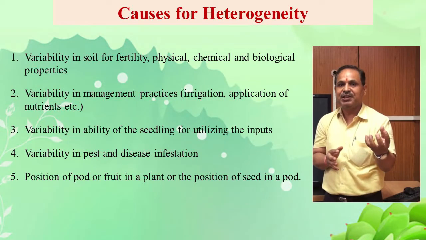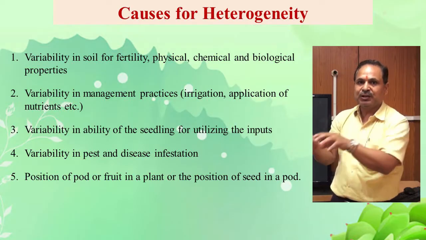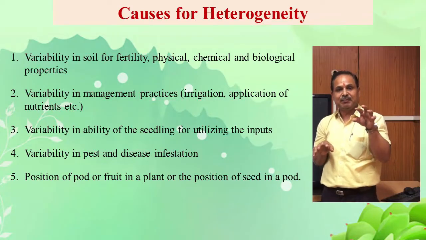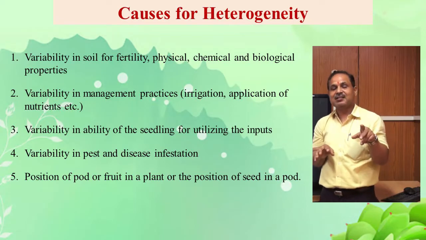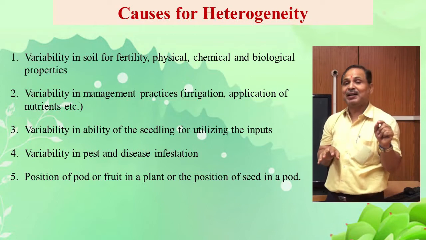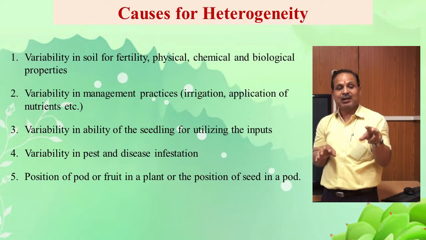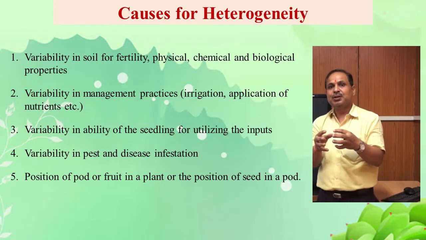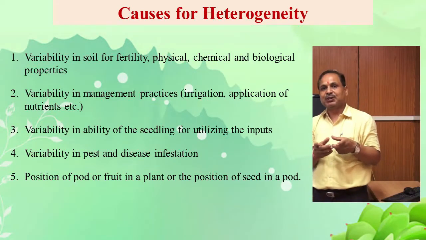It means the size of seeds, the potential, and the vigor of the seeds will vary with those different plots. So variability of the soil fertility and its physical, chemical and biological properties affects the heterogeneity. Second, the variability in management practice also causes heterogeneity. What does variability in management mean? There are different agro-techniques applied in the production of a good seed crop.